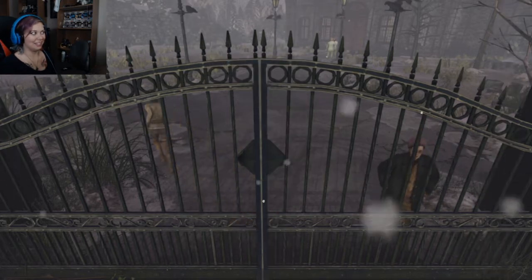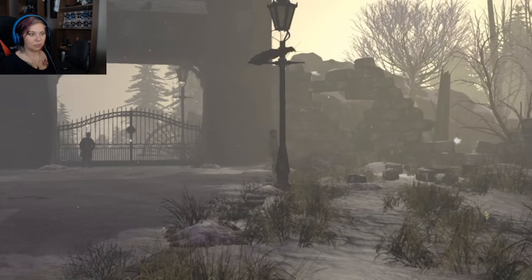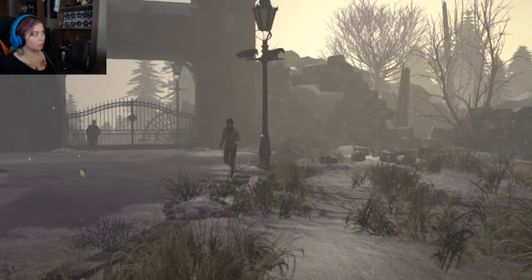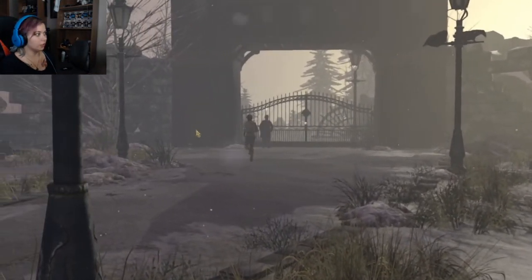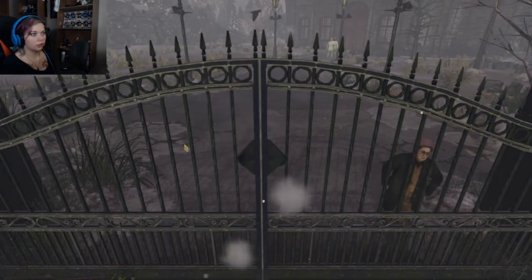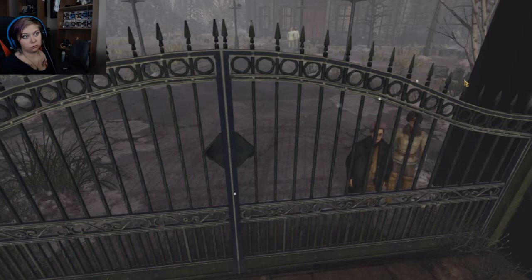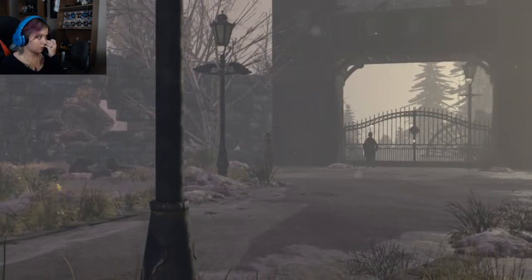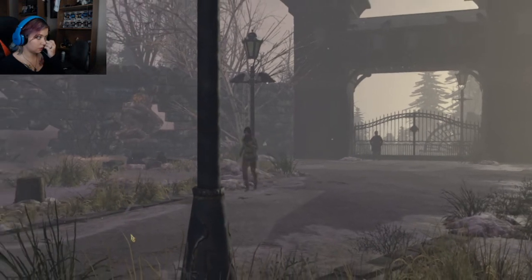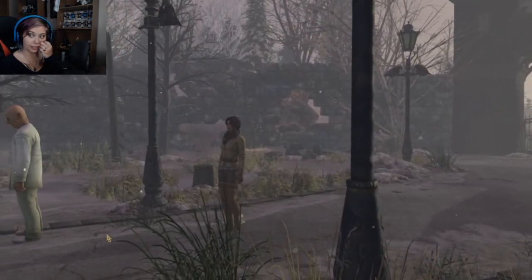That excites me. How much of the courtyard can I examine? Not a whole lot. Okay. Oh, there's a door here. Can I examine it? No? Okay, I lied. Guys, I'm not out.